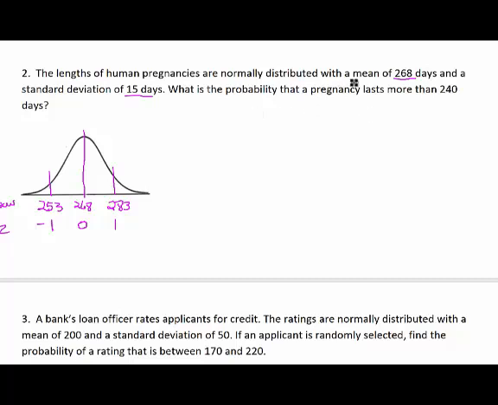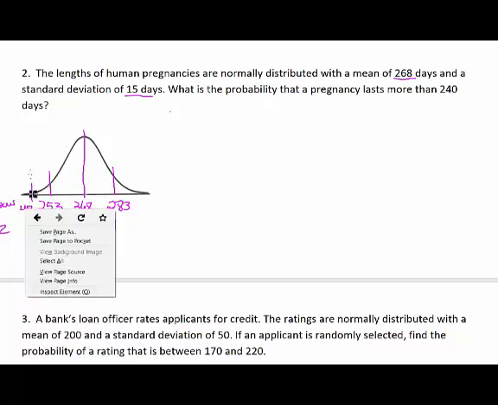Okay, so now it says, what is the probability that a pregnancy lasts more than 240 days? So where's 240 on our chart? Well, it's super far way down here. So what's the chance of you having a pregnancy that lasts more than 240 days?